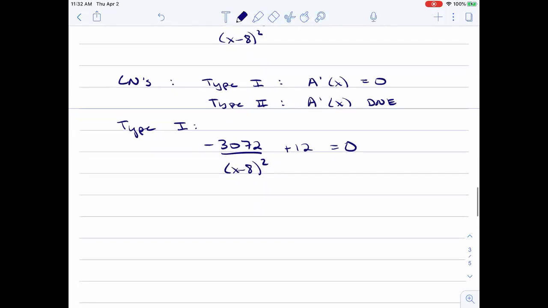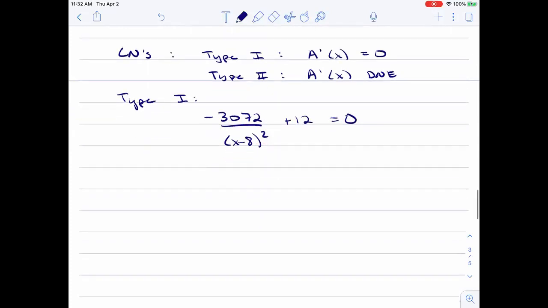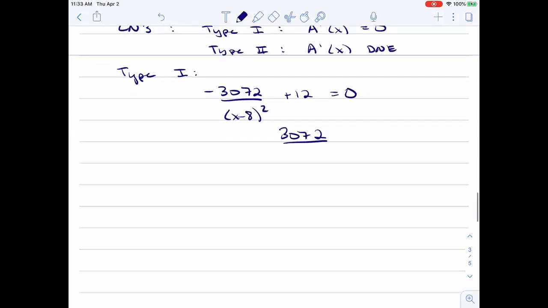To ditch this negative here, and it doesn't matter which order you do it, I'm going to move this negative value over to the right-hand side. So I get 3072 over x minus 8 squared is 12. You're welcome to just do stuff like that too.